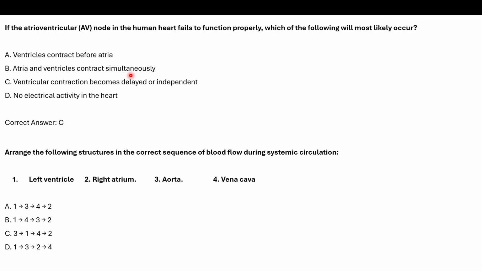The ventricular contraction becomes delayed or independent, or no electrical activity in the heart? Electrical activity might be there if the sinoatrial node is functioning properly, but if the AV node isn't functioning properly, the ventricular contraction might become delayed or independent.